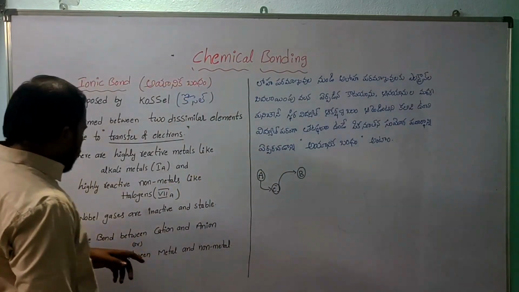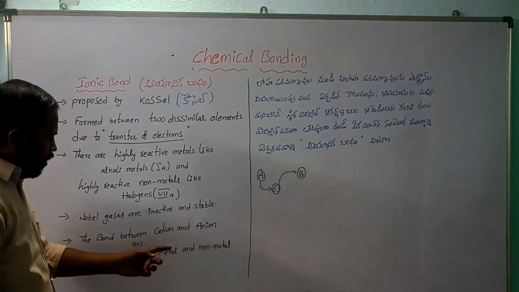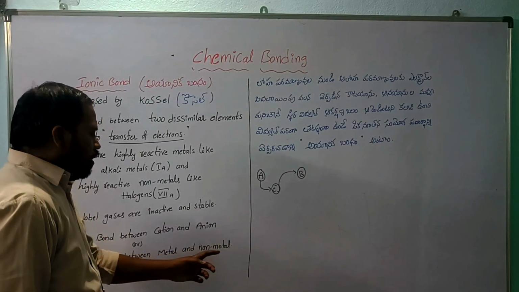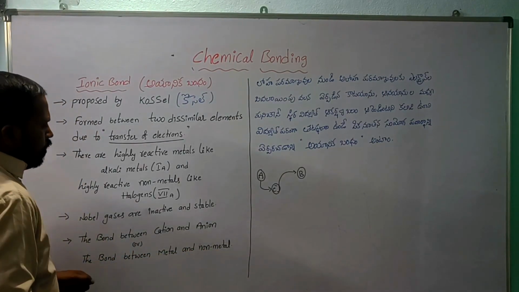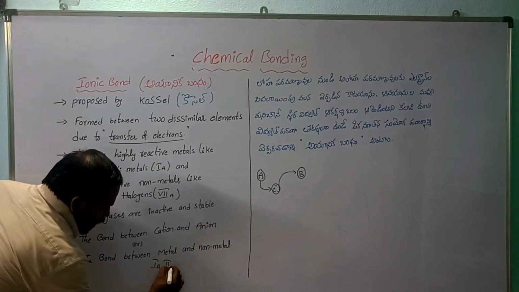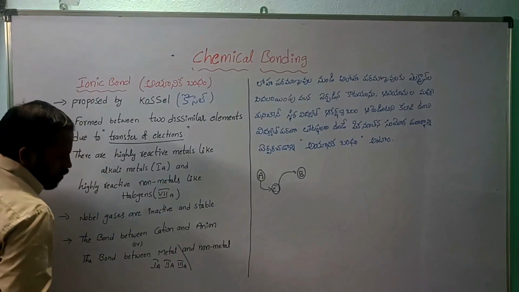So that I wrote here: the bond between cation and anion, the bond between metal and non-metal. Metals are first A group, second A group and third A group.